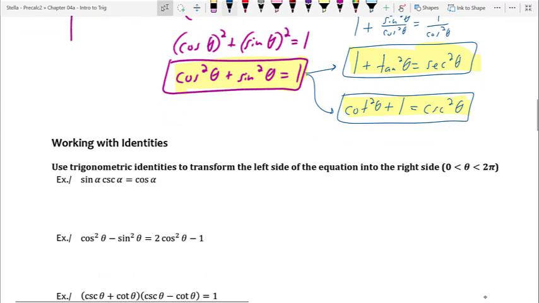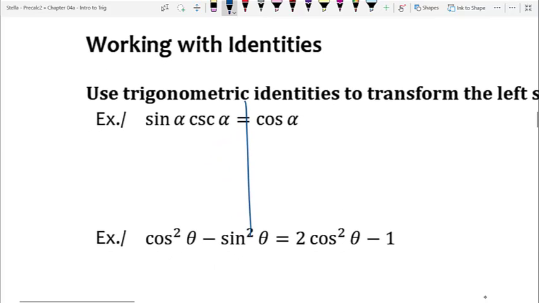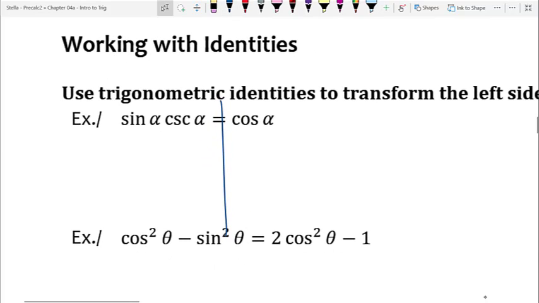So you may have done identities before where you transform one side into the other. This is a very simple one where I'm going to put a vertical line and work to transform the left side into the right side. I'm going to do that by replacing one thing at a time. I know that the sine alpha will stay the same, but I'm going to replace the cosecant of alpha with 1 over the sine of alpha.